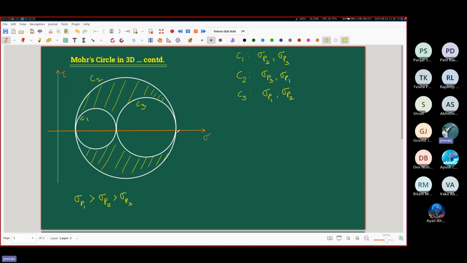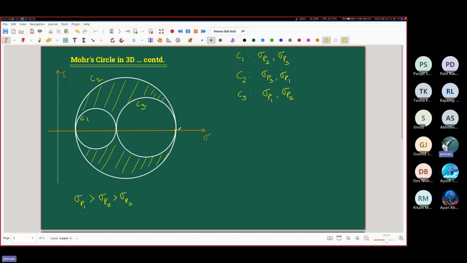Please also note that wherever these circles intersect the sigma axis, because we have this arrangement of the principal stresses, this is sigma P1, this point of intersection is sigma P2, and this point is sigma P3. These are the principal stress values. Now with reference to circle C1, what is the maximum shear stress?